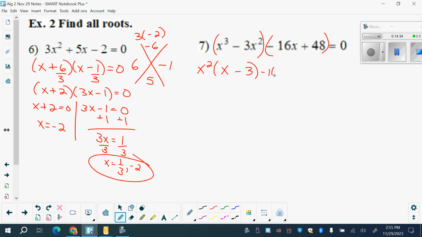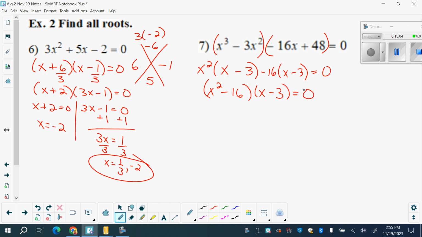So we're going to take out 16, and then this would be x minus 3. And so what we have is the same again. That's what we want. So x squared minus 16 times x minus 3.